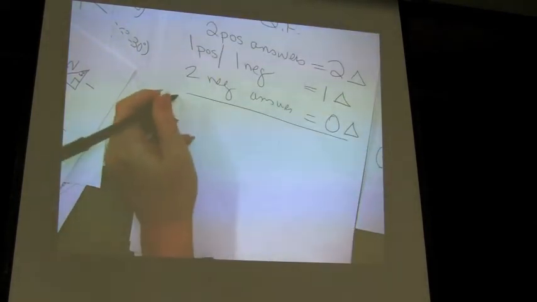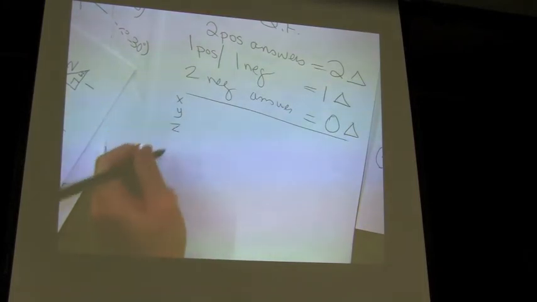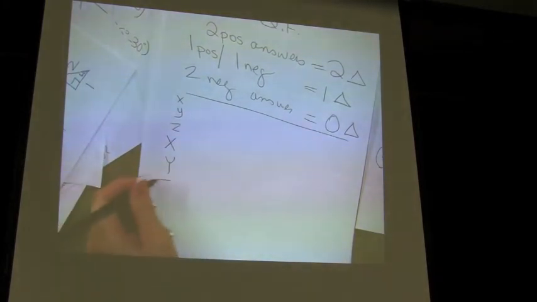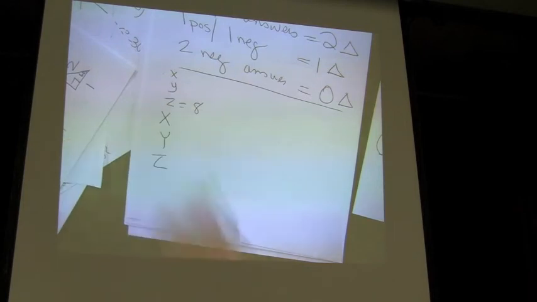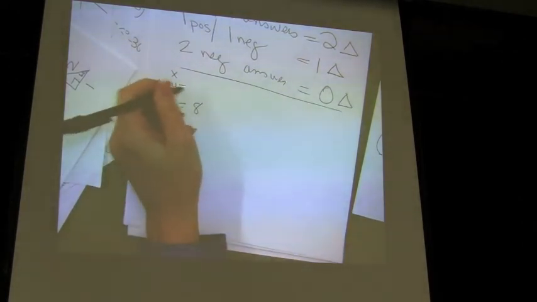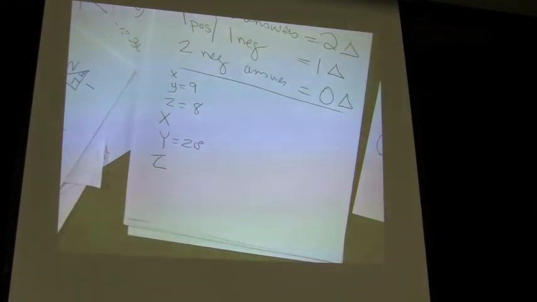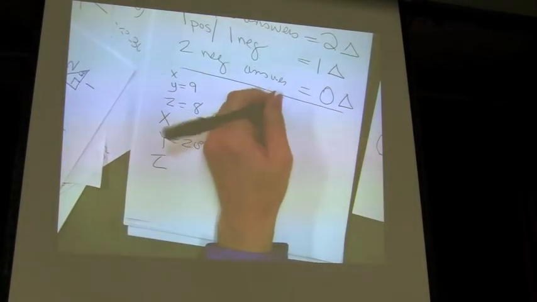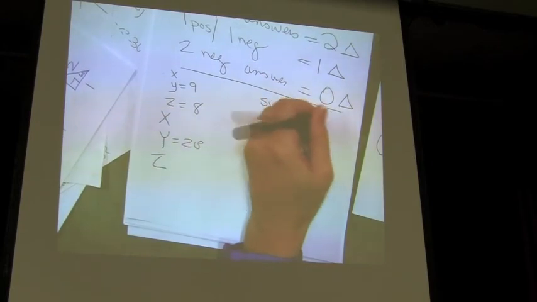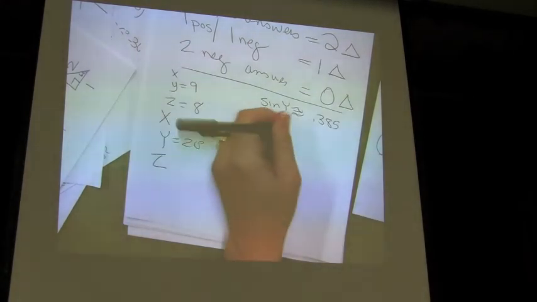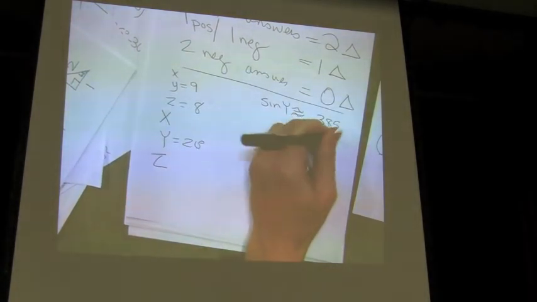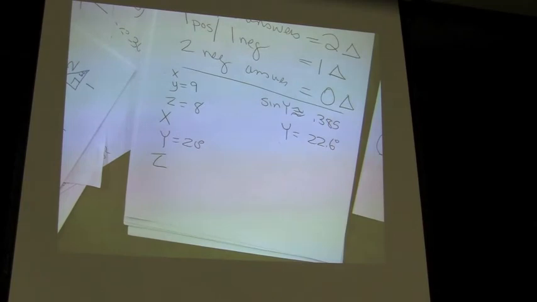We know that we have a triangle with sides of XYZ and angles of XYZ. We know that side Z was 8, and side Y was 9, and angle Y was 20. And we just had a situation where sine of Y was approximately 0.385, and our calculator told us the angle was 22.6 degrees.